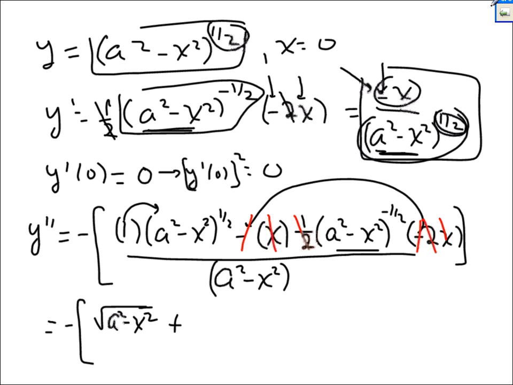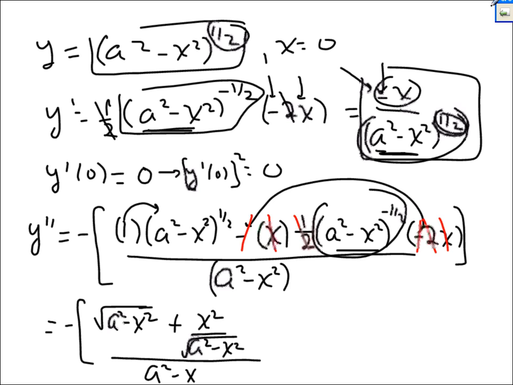It's 1. X times x is x squared. And this piece having a negative exponent, it goes in the bottom as the square root of a squared minus x squared. And all of it is still being divided by a squared minus x squared.